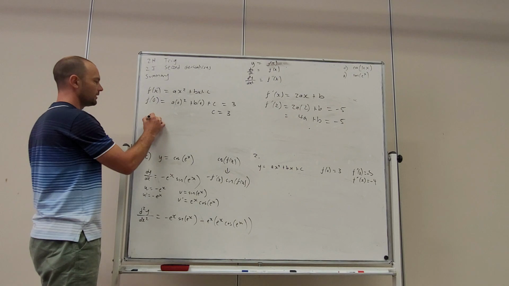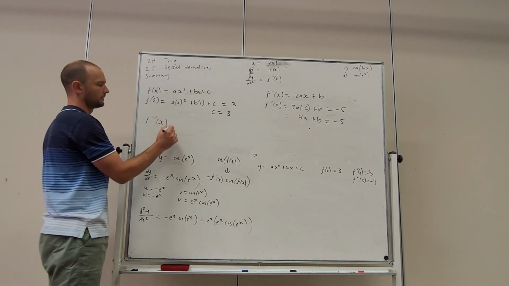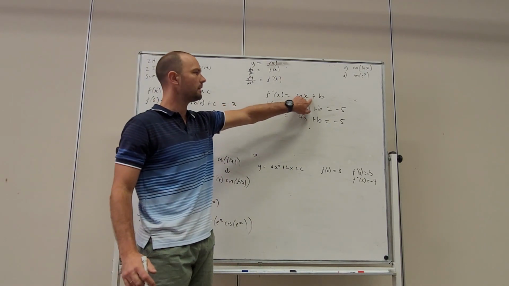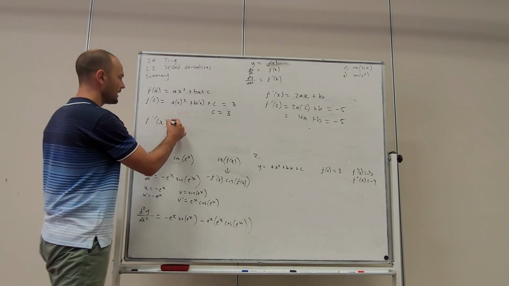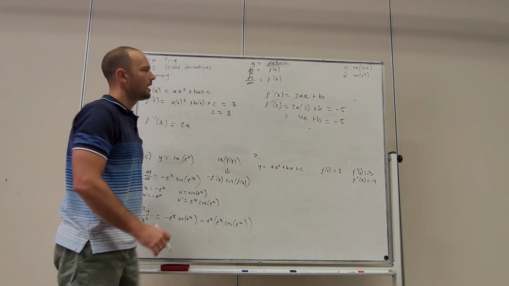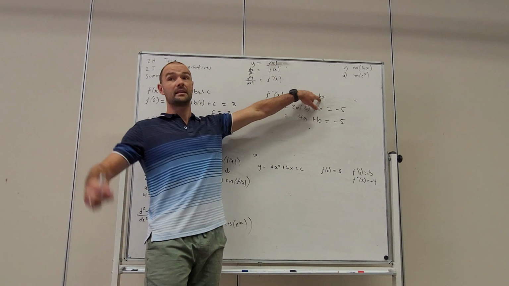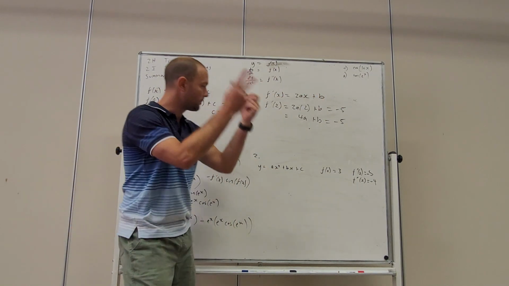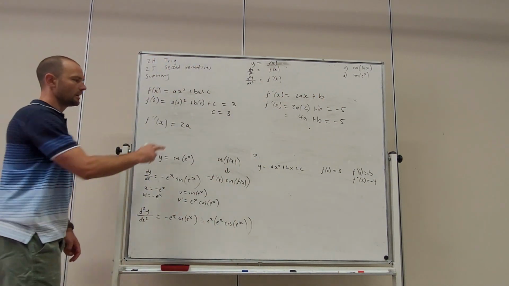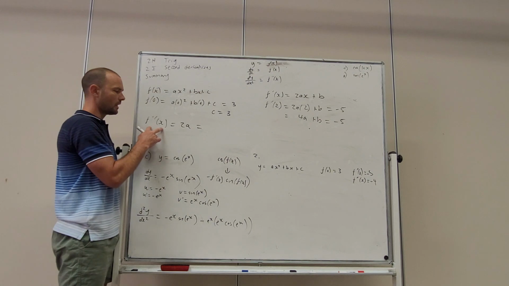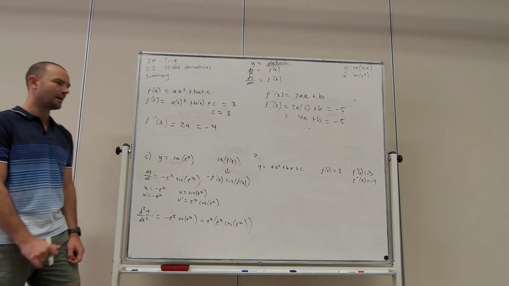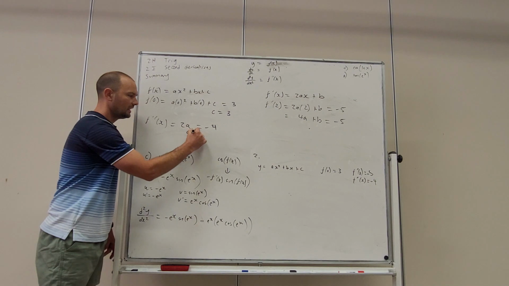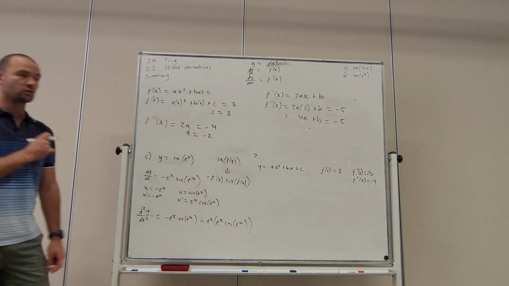So when we find the second derivative, here's our first derivative, 2ax plus b. When we differentiate 2ax, we'll get 2a. And the derivative of b, well, b is a number at this stage. The derivative of b is going to be 0. So we have 2a, and we know that the second derivative equals minus 4. That's the last piece of information we have, which means a equals minus 2.